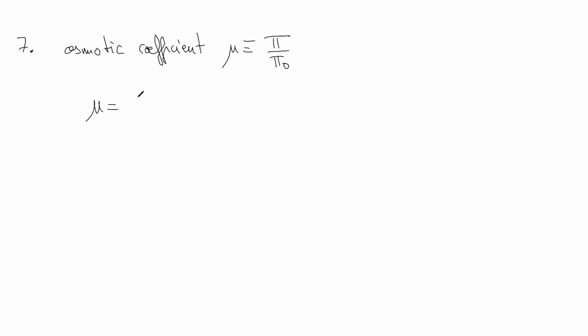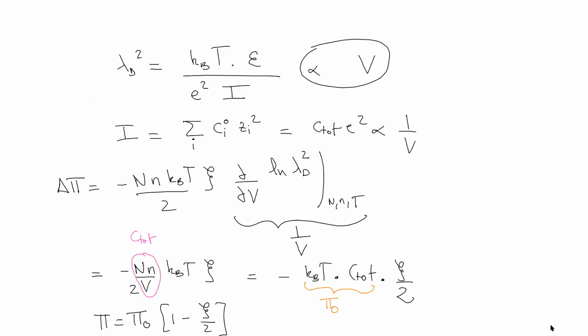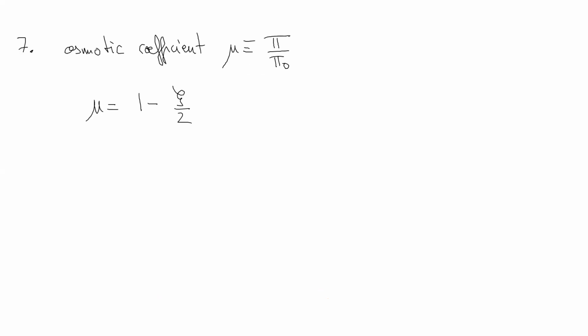Mu is thus equal to 1 minus psi over 2, based on this relation. And it means that, in fact, pi is equal to mu times C dot times kBT.